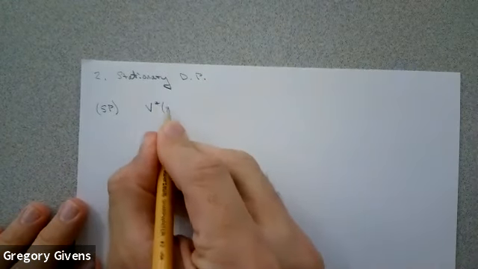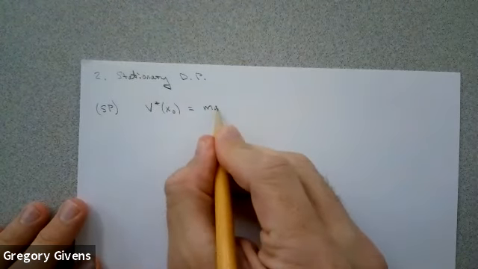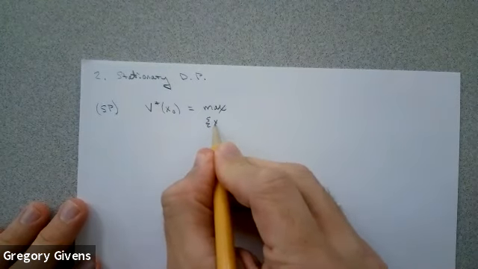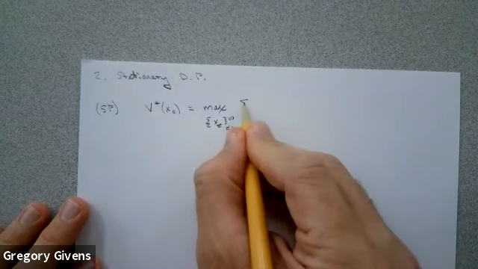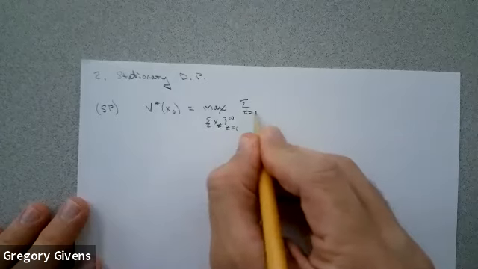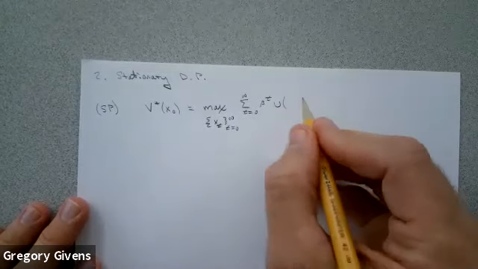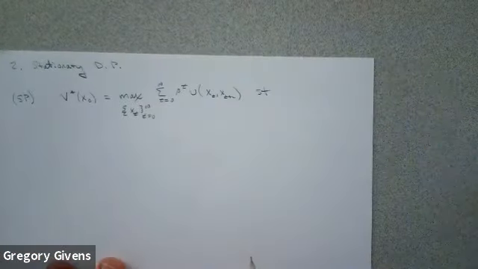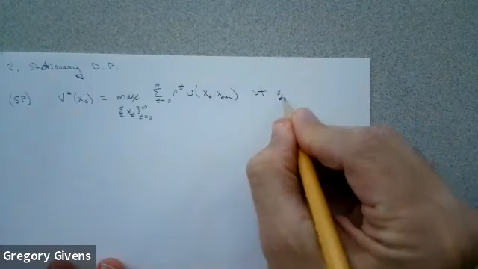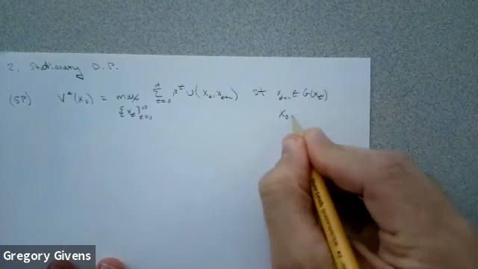V star of x0 is the maximized value over sequences x that maximize the discounted sum of instantaneous payoffs, u of xt, xt plus 1, subject to the constraint correspondence, xt plus 1 is an element of G of xt, with x0 given.